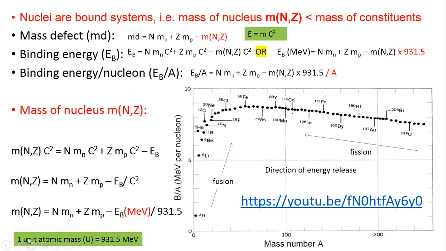By using this simple conversion unit, it will directly convert into the binding energy in mega electron volts. If you further want to calculate the average binding energy, you just have to divide by the nucleons, that means the mass number, and this will directly convert the binding energy into the average binding energy.